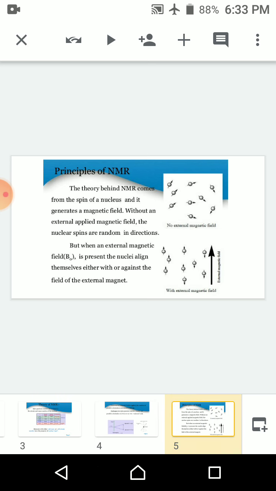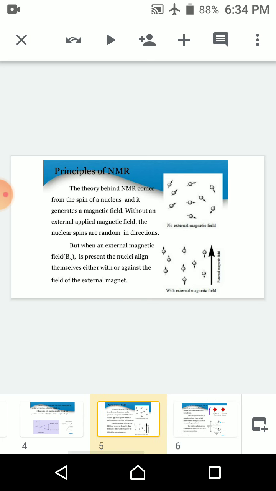Then after we will discuss the principle of NMR. The theory behind NMR comes from the spin of the nuclei, and it generates a magnetic field. Without an external applied magnetic field, the nuclear spins are random in direction. But when an external magnetic field B naught is present, the nuclei align themselves either with or against the field of the external magnet.